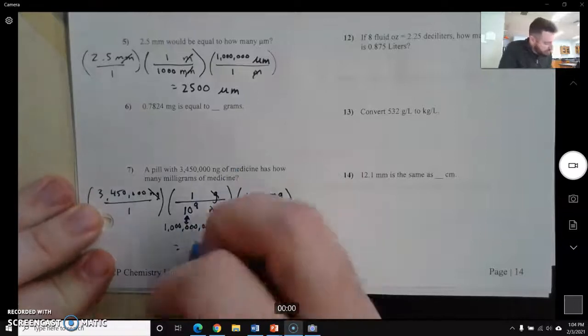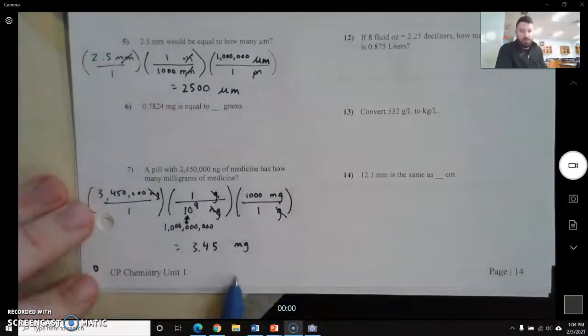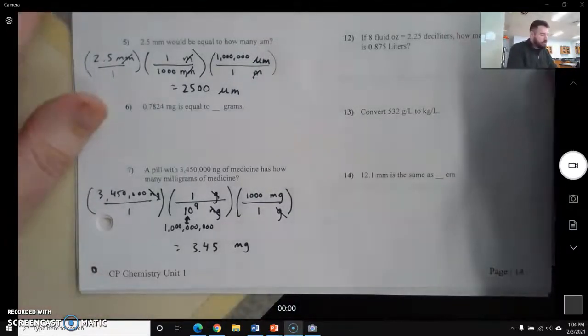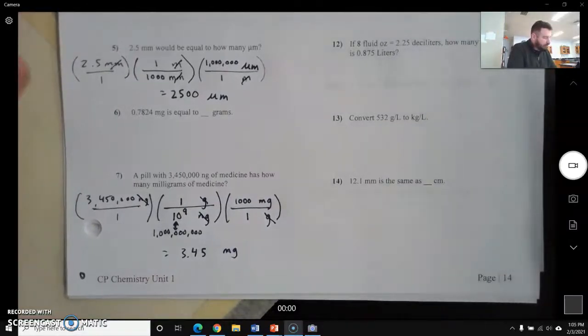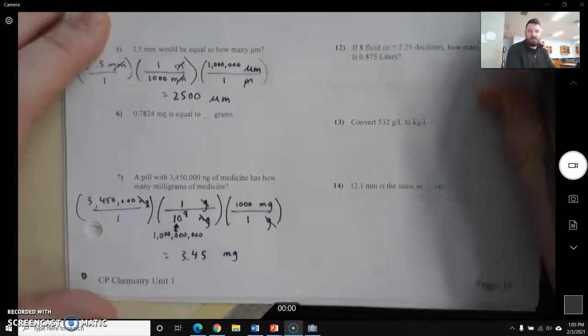So we end up with 3.45 milligrams. Alrighty. All right, so hopefully those made a little bit of sense. Let's take a look. The ones that usually trick students up are 4, 10, and 12. So let's start with these.